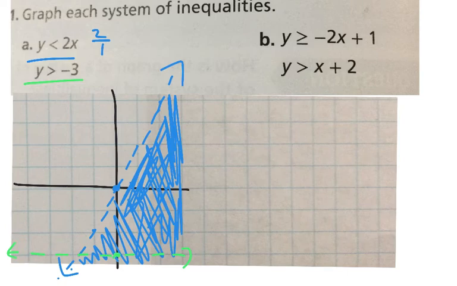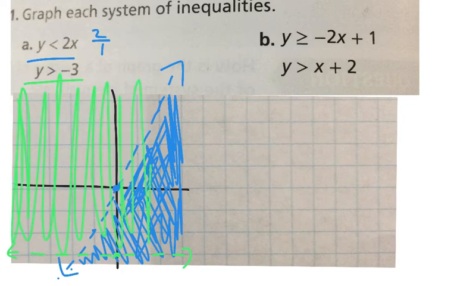That means I'm going to be shading above my line. And so where's my solution? Where's the points that they overlap?